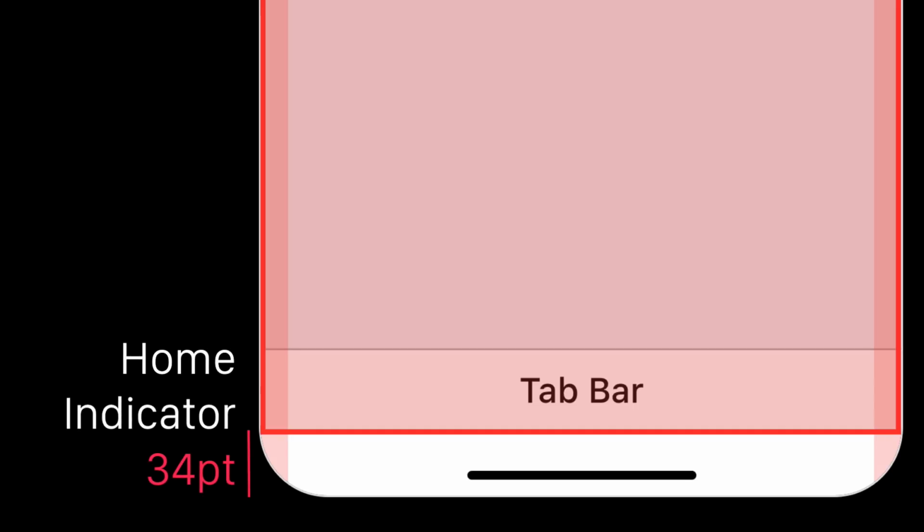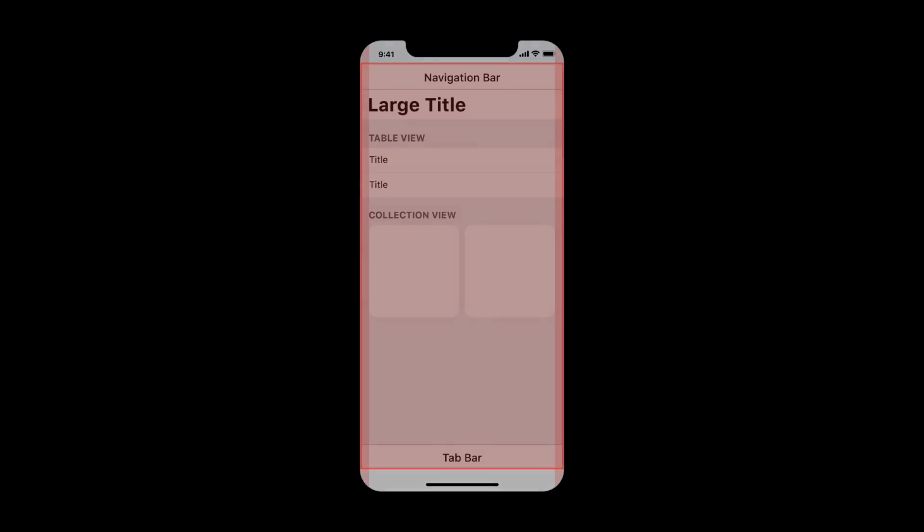In general, backgrounds should not follow the Safe Area Guide, while content such as text, images, and buttons should follow these guides.